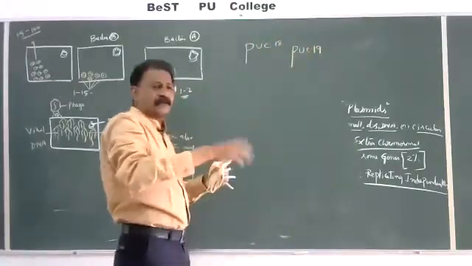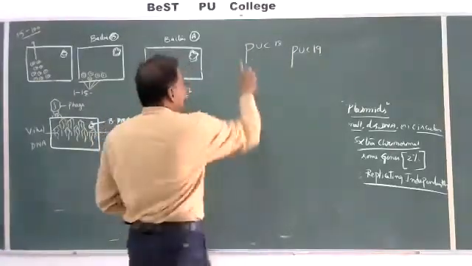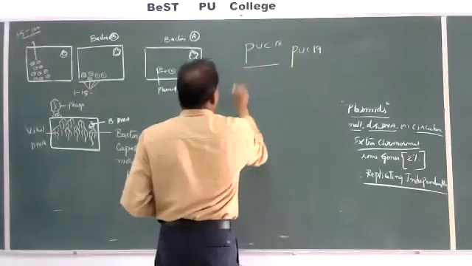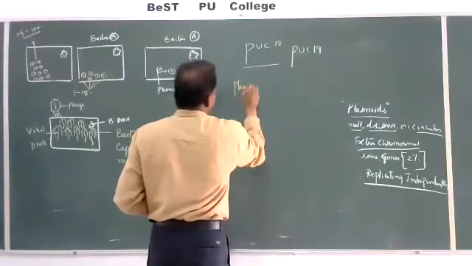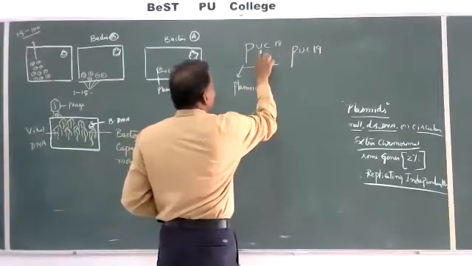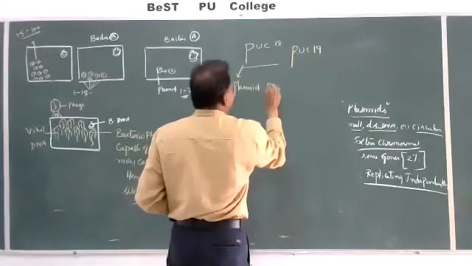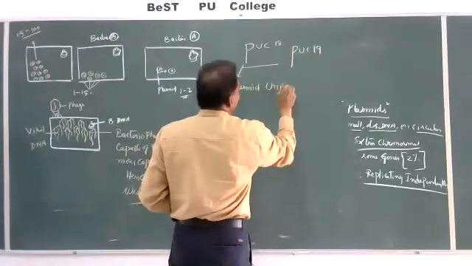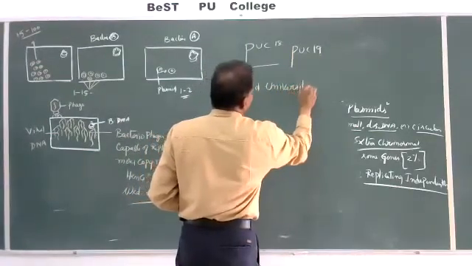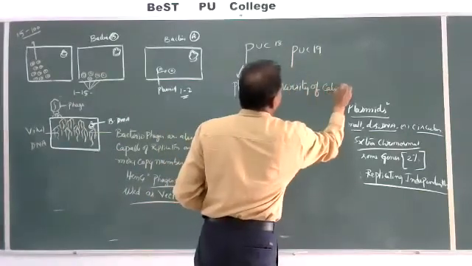Every year changes are going on. pUC means plasmid, where P stands for plasmid, constructed at the University of California.